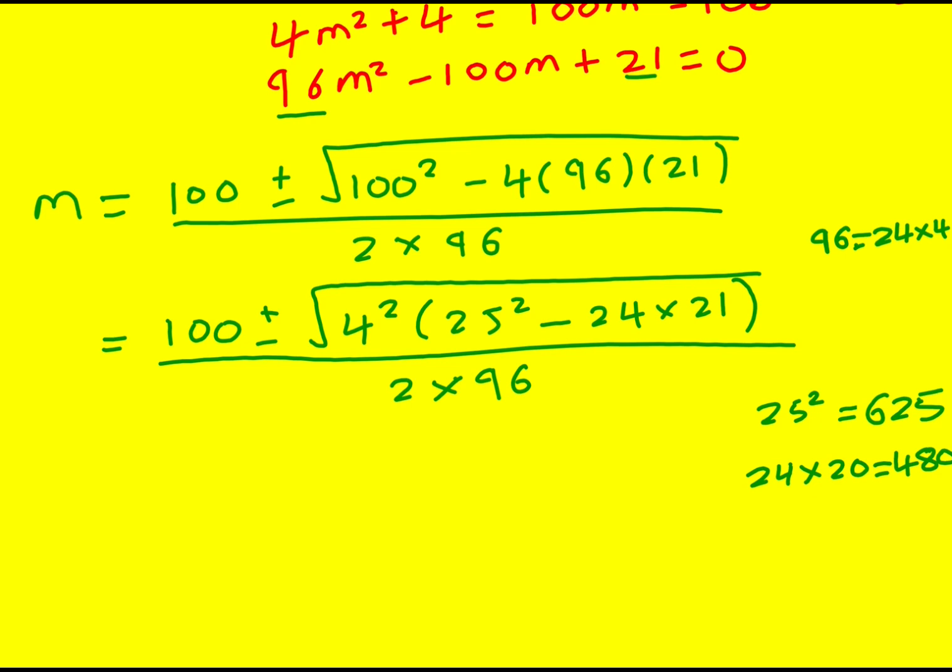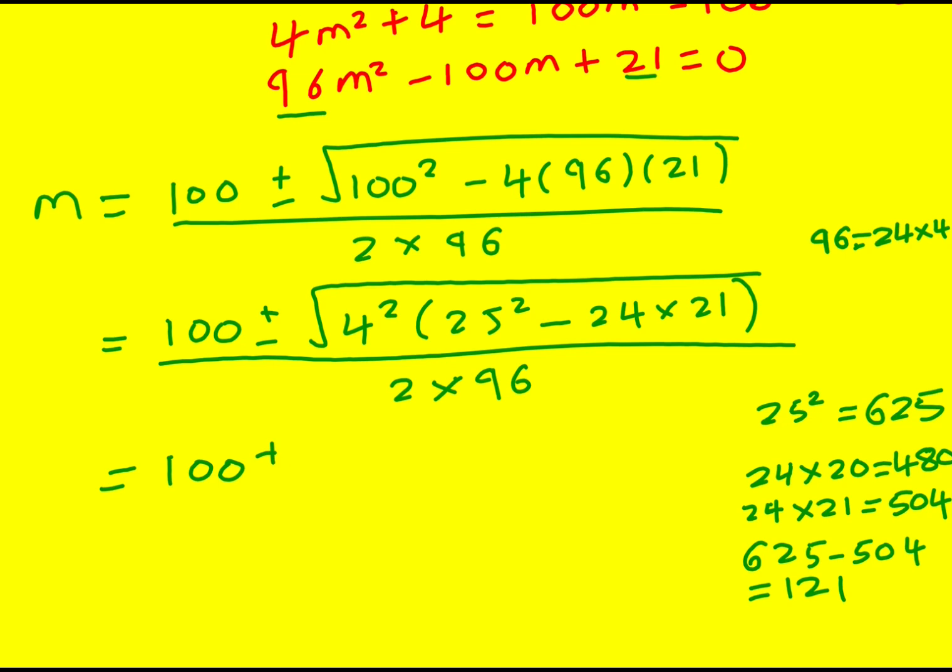So if I add another 24, I'm going to get 504. And then 625 minus 504 is 121. And that is a clue that it's going to factorize, because this is a square number.